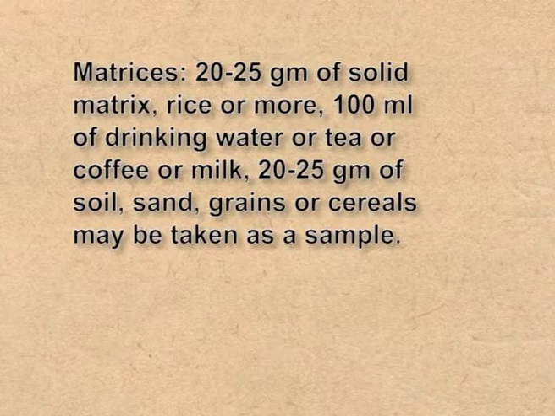Method 5. Isolation of pesticide in non-volatile biological materials. Matrix: take 20 to 25 gram of solid matrix like rice or other, 100 ml of drinking water or tea or coffee or milk or soft drink, or 20 to 25 gram of soil, sand, grains, cereal as sample.